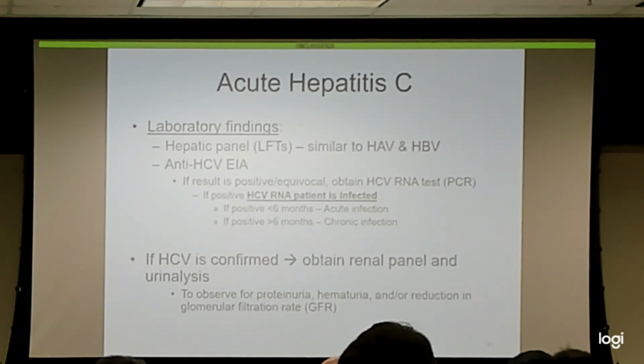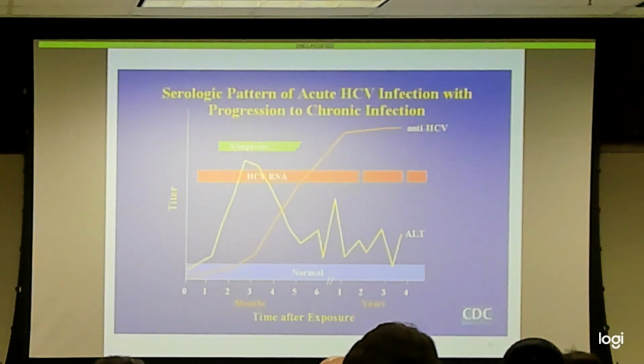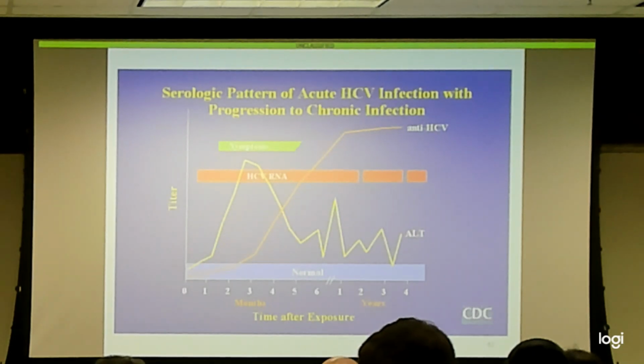If positive or equivocal, obtain the HCV RNA test by PCR. If HCV RNA is positive, the patient is infected. If positive less than 6 months, it's an acute infection, and greater than 6 months, it's a chronic infection. If you confirm it, obtain a renal panel and urinalysis. You want to observe for proteinuria, hematuria, and or reduction of GFR. And so this is your pattern for your hepatitis. Cool.